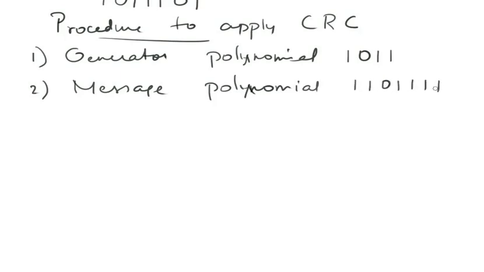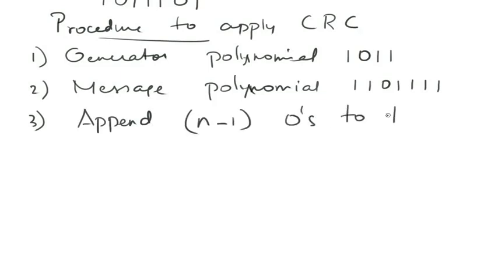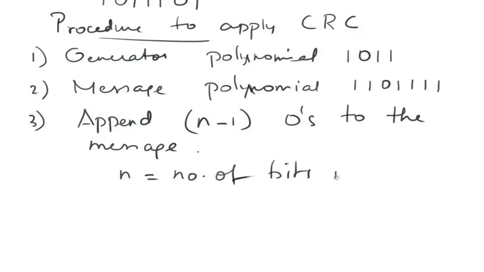Suppose this is the message polynomial. The next step is we need to append a string of n minus 1 zeros. So append n minus 1 zeros to the message polynomial, where n is the number of bits in the generator polynomial.